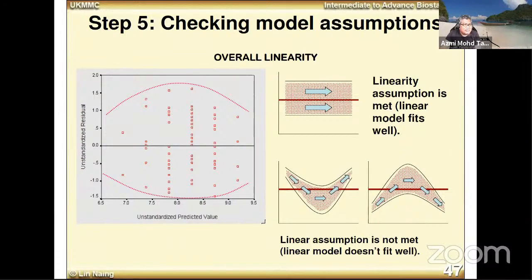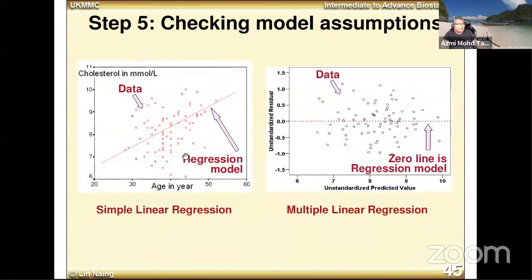Again, you already saw just now. Based on that, I will show you the map. So this is what they mean by overall linearity. This is the linearity if it is continuous data for simple linear regression. This is the linearity for MLR.